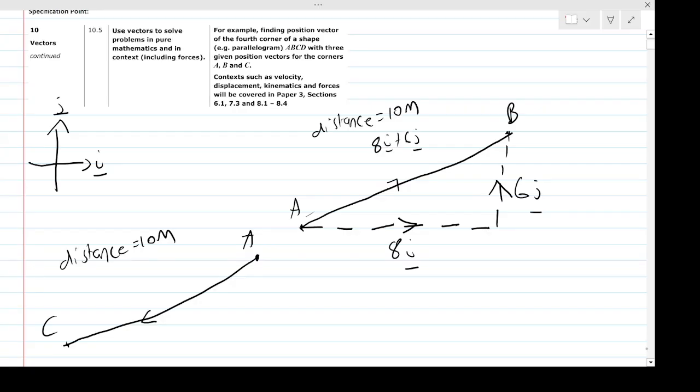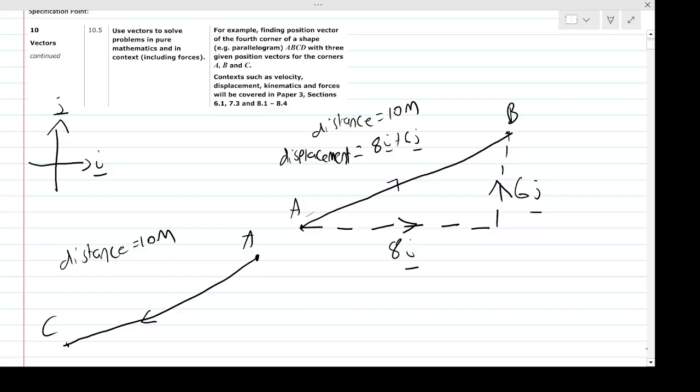And now that incorporates my direction. This vector is what we call the displacement. The displacement tells me from 2 points A to B exactly what direction I need to go. Firstly, I need to go 8i, so 8 across, and then 6j, meaning 6 upwards, and I get to the same point.